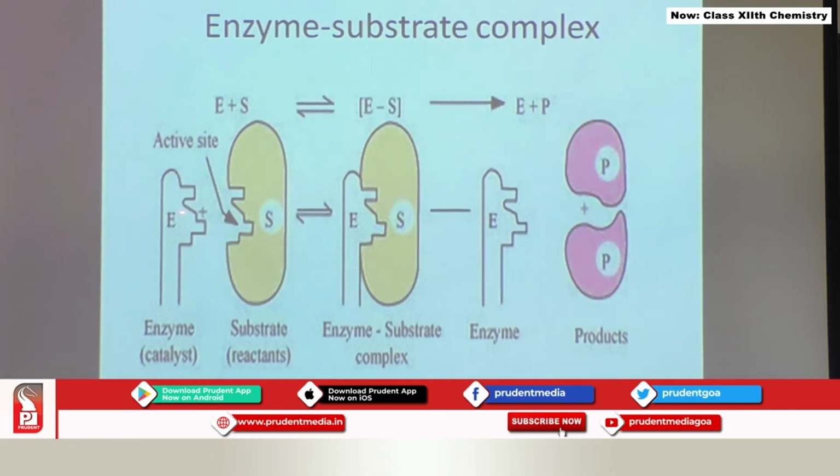So there is a proper key for a proper lock, so lock and key hypothesis. So this active site of the enzyme has various functional groups on it. So once it fits into the substrate, it forms what is called the enzyme substrate complex, wherein the reaction takes place and the products are formed.